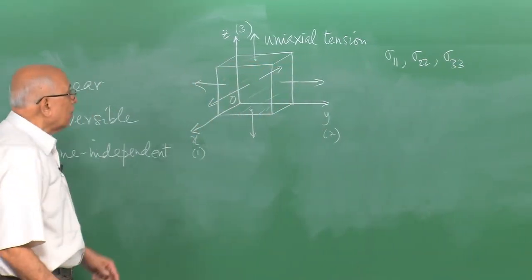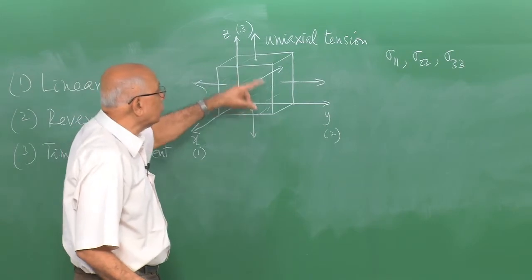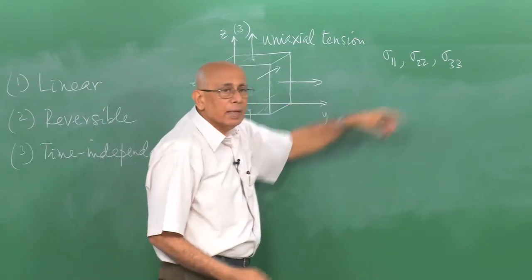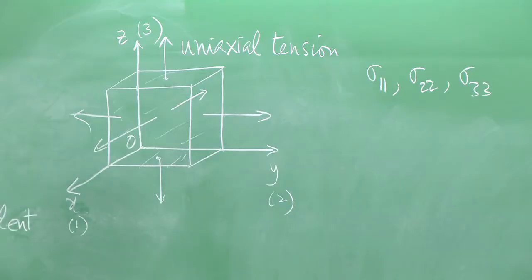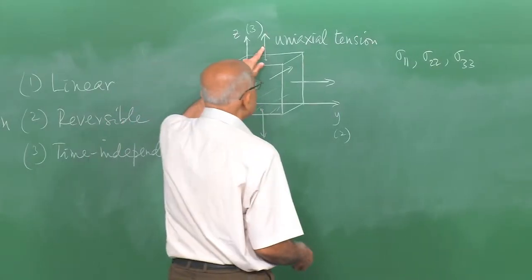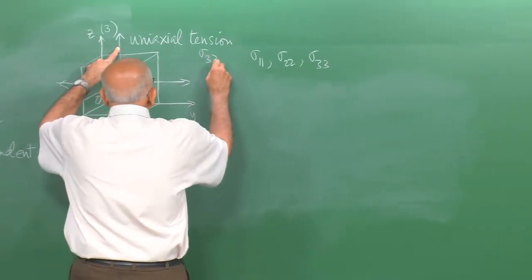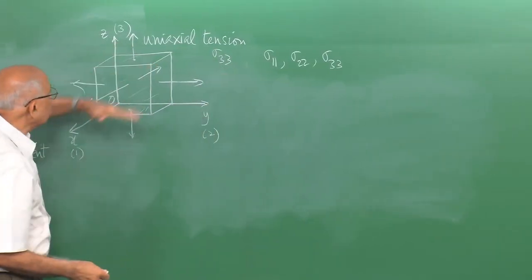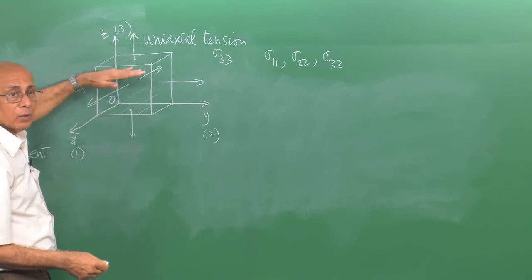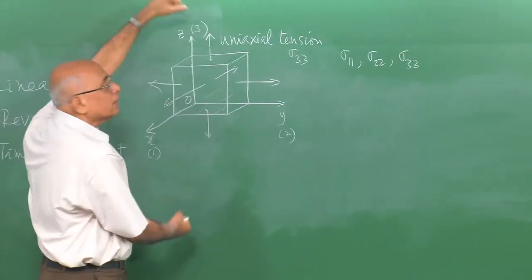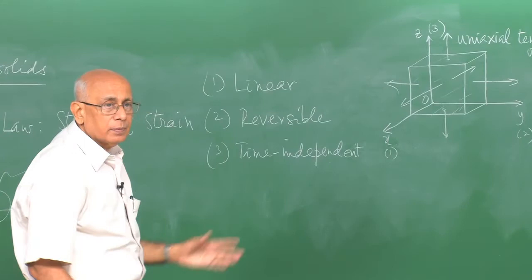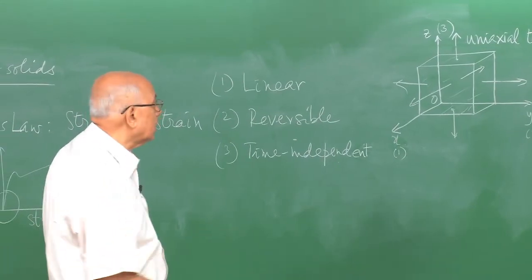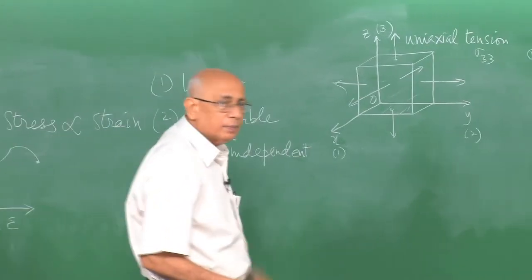In other words, they are applied on faces normal to the first index and in the direction of the second index. So this stress would be sigma 3 3, because it's on a face normal to the z axis, parallel to the xy plane, and it's along the 3 direction. So I hope that notation is clear. These are all tensions, uniaxial, biaxial, triaxial, or compressions.